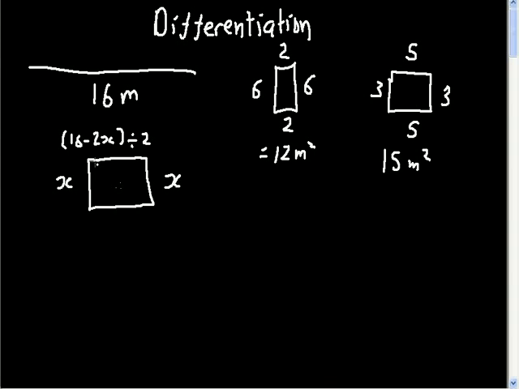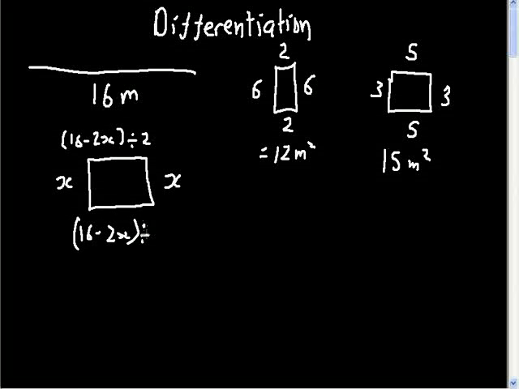Is that right? Yes. If these two sides are x, I add these two sides and subtract from 16, and that would be the length of these two sides, each divided by 2. So that's the length of that side, and of this side as well.